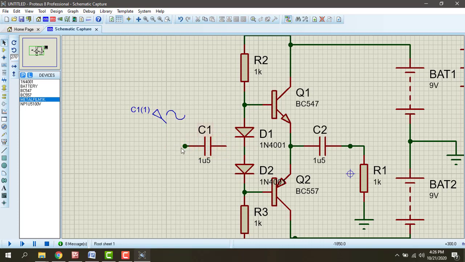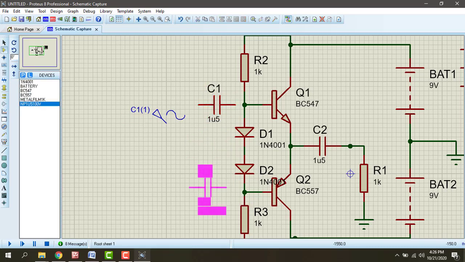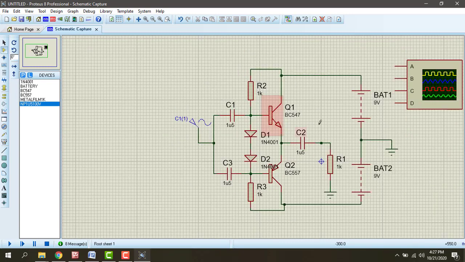So I need two coupling capacitors. C1 is here and another coupling capacitor C2 is here. So this is the circuit diagram of the class AB amplifier.